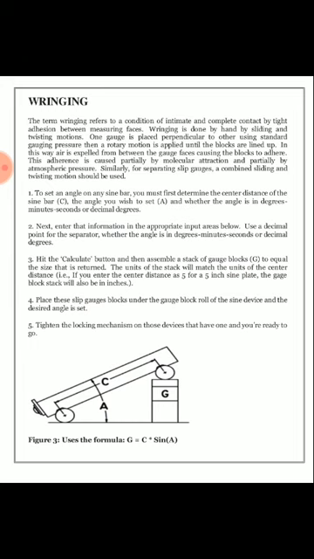In this way, the air is expelled from between the gauge faces, causing the blocks to adhere. This adherence is caused partially by molecular attraction and partially by atmospheric pressure. Similarly, for separating slip gauges, a combined sliding and twisting motion should be used.